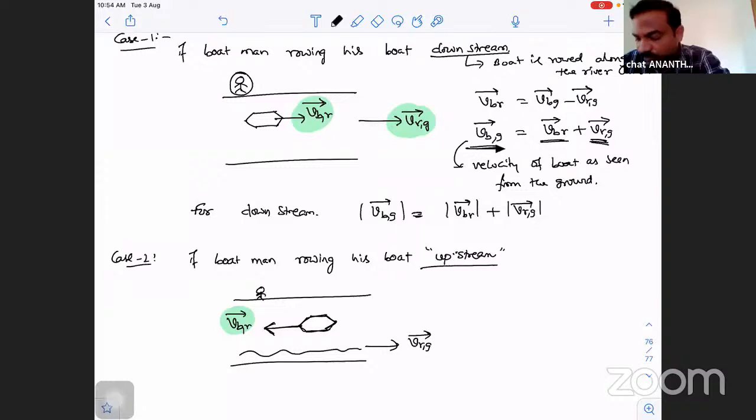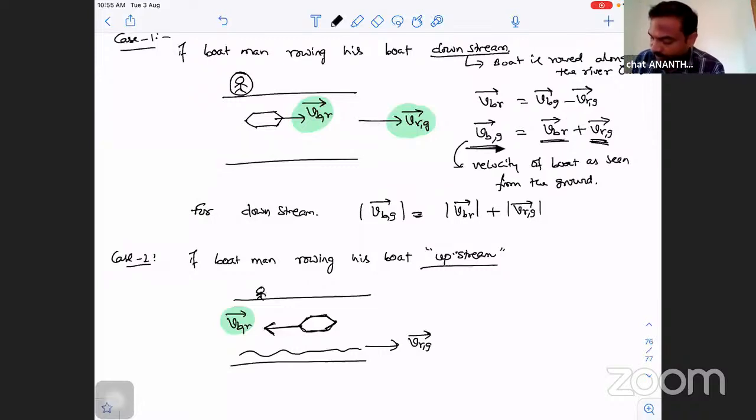As you are moving opposite to river flow, no, he will see less speed. Correct, very good. Your friend will see less speed, but you will feel that you are going with more speed. So why is there a difference? Because the river is flowing and you are moving opposite to the river flow. Moving opposite to river flow is called upstream motion.